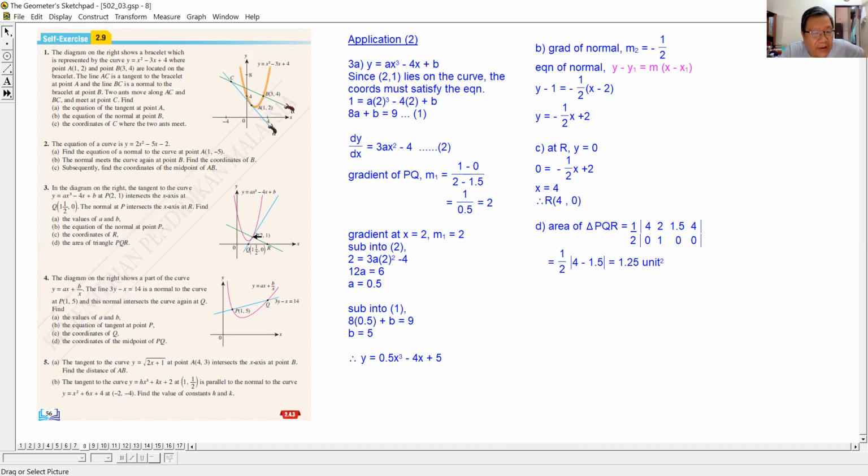The gradient of PQ is the gradient of the blue line, which is the gradient of the tangent. So the gradient of the tangent is 2. I substitute the 2 into dy/dx, and the x coordinate 2 into the gradient function too. Any doubt? Ask again.